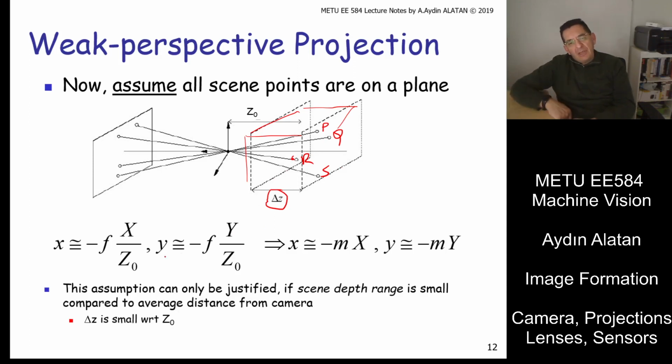You first look at this thing. Obviously, you will again write a Z0, but obviously this Z0 is maybe the center of this volume. The Z values of P, Q, R, S are not equal to Z0.